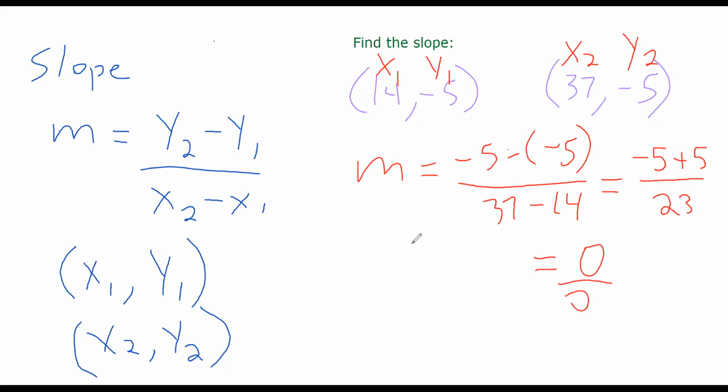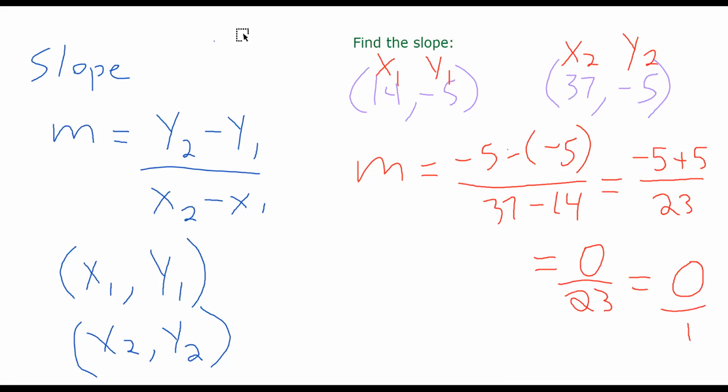On bottom, 23. Remember, it's okay to have 0 on top as long as you don't also have 0 on bottom. If 0 is on top and a number which is not 0 is on bottom, the whole thing just goes to 0. If you want, you could call it 0 over 1 if you were bored.